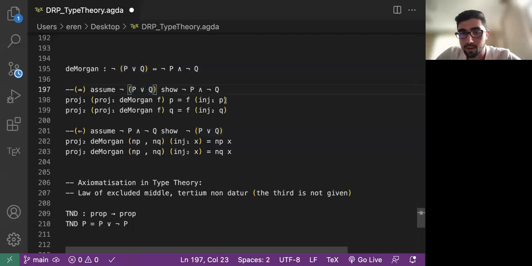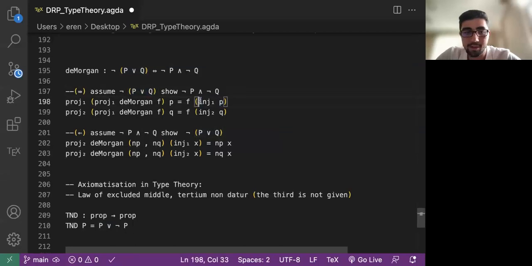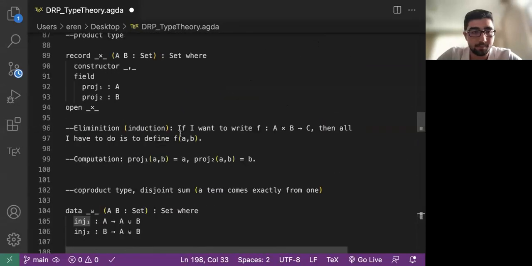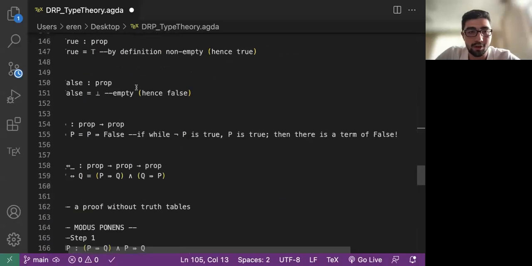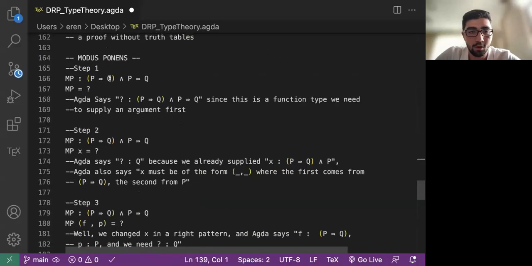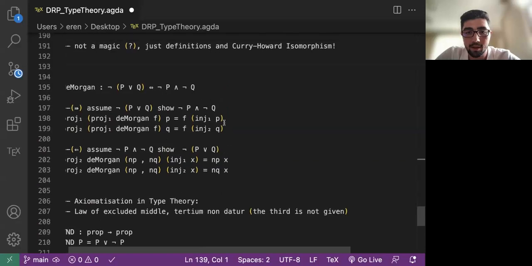So injection 1 P takes P and returns P or Q because of the definition here. So if I give F injection 1 P, then I automatically get my desired false here.